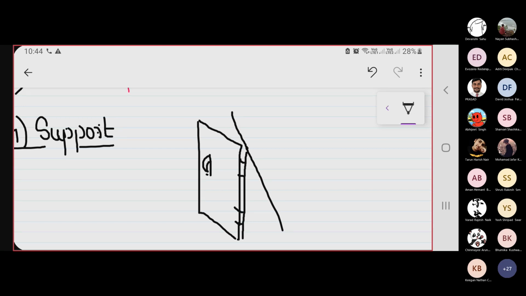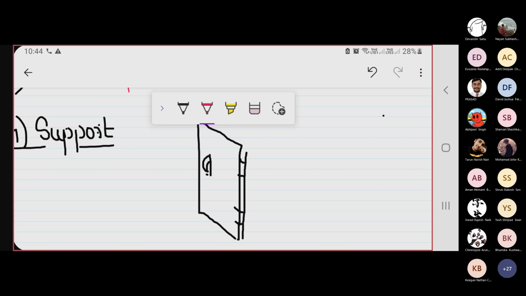How do you open and close a door? Is any mechanism there in your door? What is the connection link between the door and the frame or your wall?